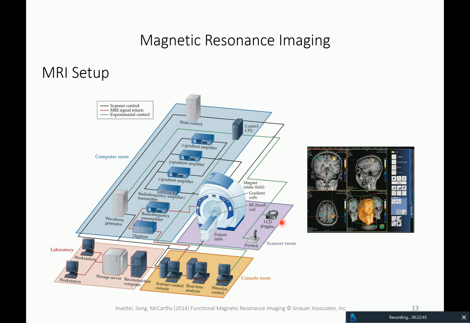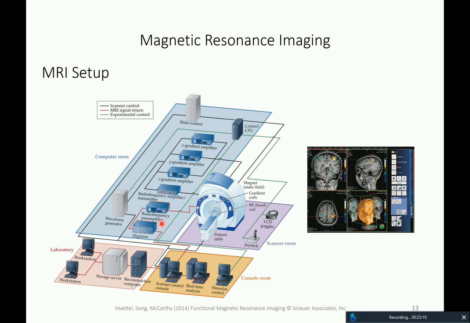So the entire setup is, of course, not only the scanner with its different coils and its electromagnet as it's in the room, but there's some technical driving material behind it. There are amplifiers for the gradients, so that the gradients can be turned on and off. There is the radio frequency amplifier and transmitter, maybe a pre-amplifier.